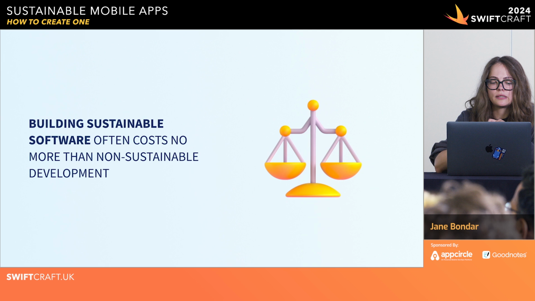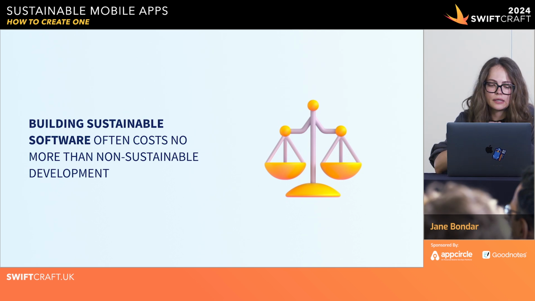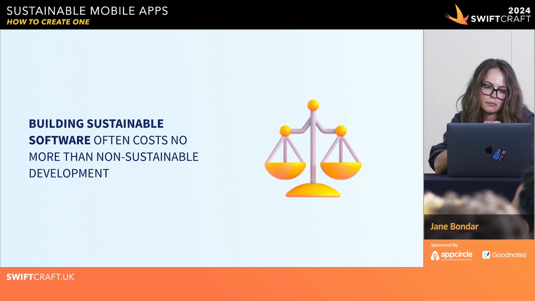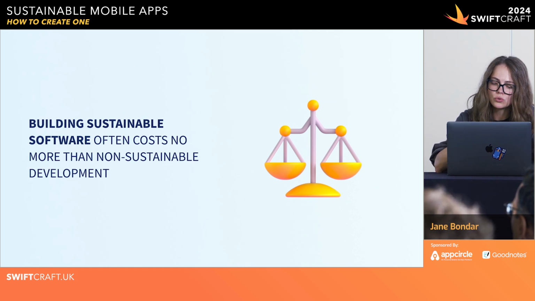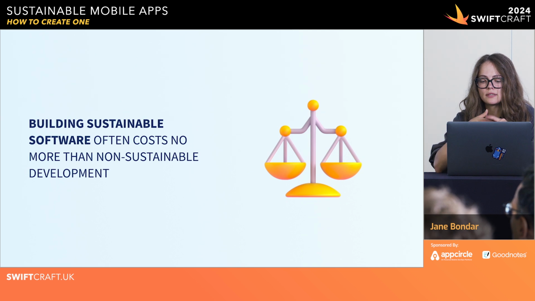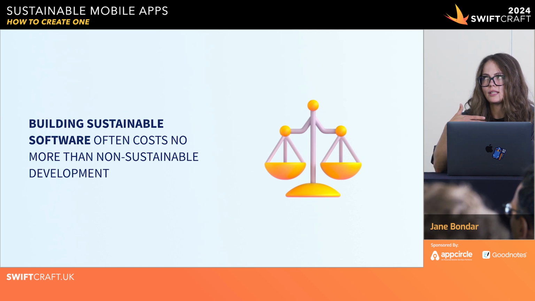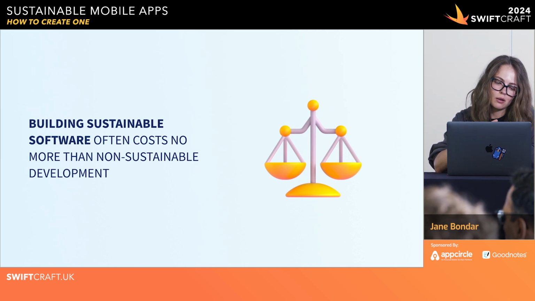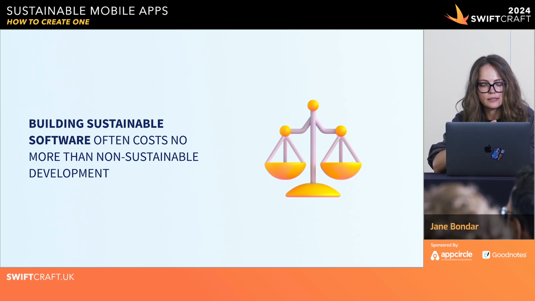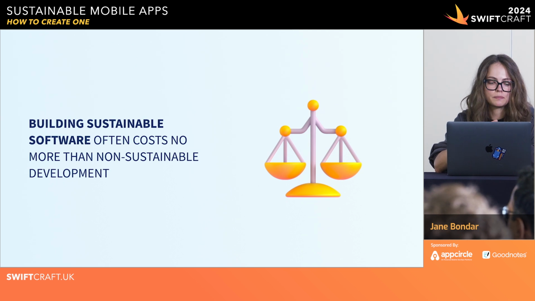Building eco-friendly software doesn't necessarily cost more than traditional development methods. You might have some upfront expenses, like setting aside time to refactor code for better sustainability. But these initial investments often lead to big benefits. They not only make your software greener, but also more efficient and easier to maintain over time.